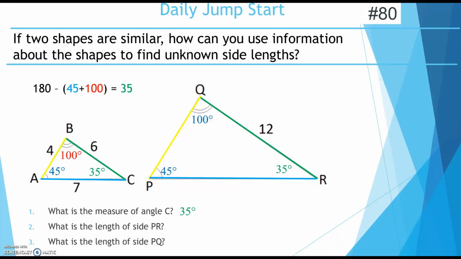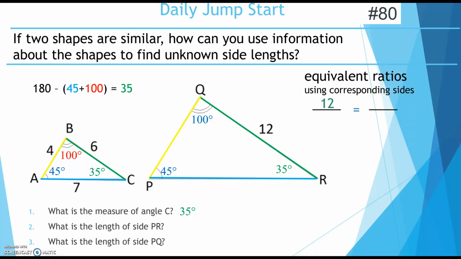So to first find the missing side length PR in blue in the larger triangle, I'm going to use equivalent ratios to do that. And there are actually two methods to do this. The first one is we are going to create equivalent ratios using the corresponding sides. So in this case, I am actually going to use the green side here, and I'm going to start with the larger triangle, the length of 12 that I know, and the corresponding side length of the smaller triangle is 6.